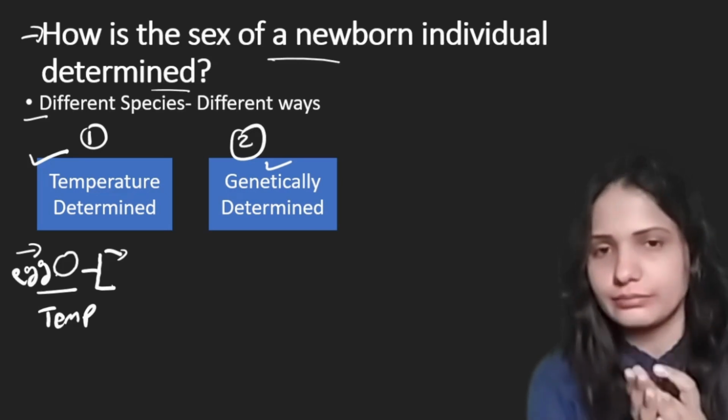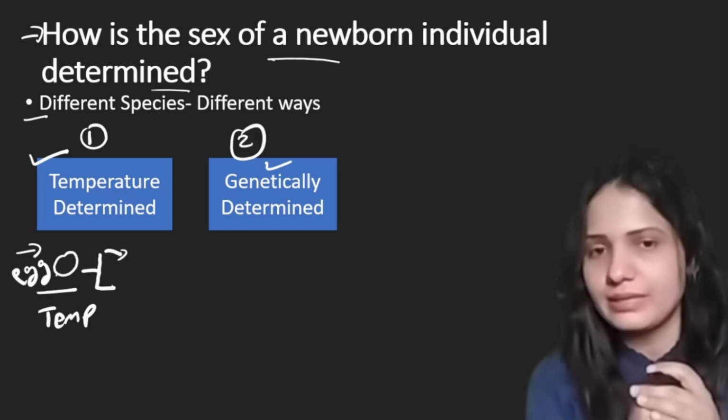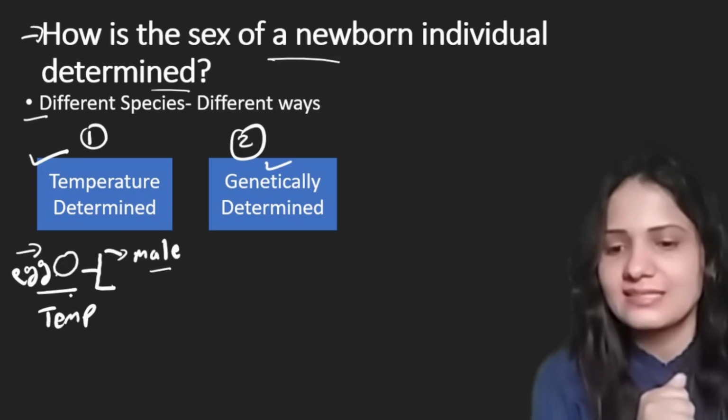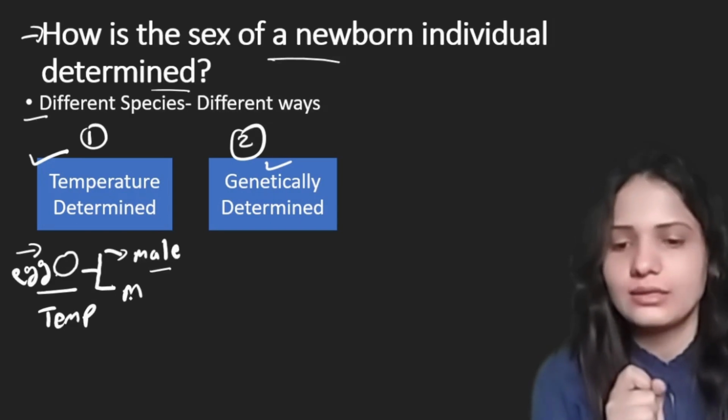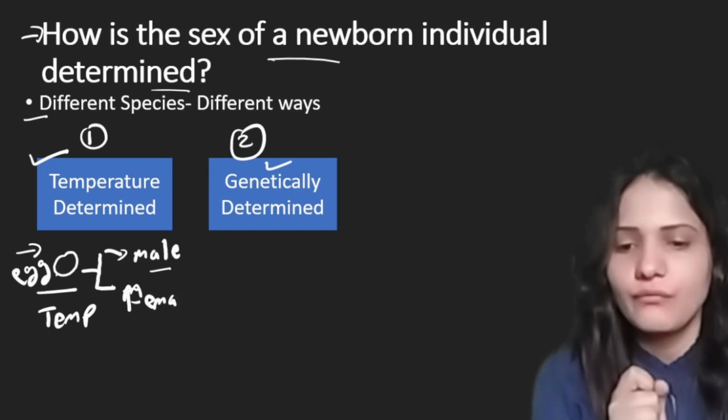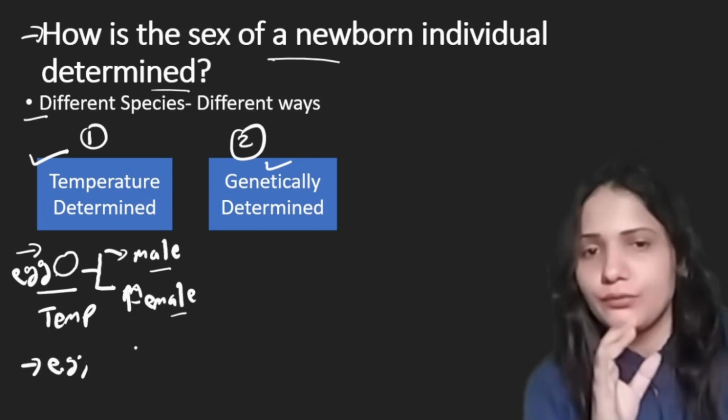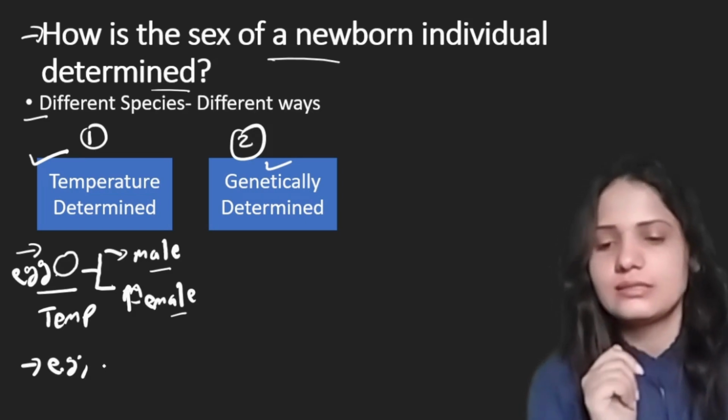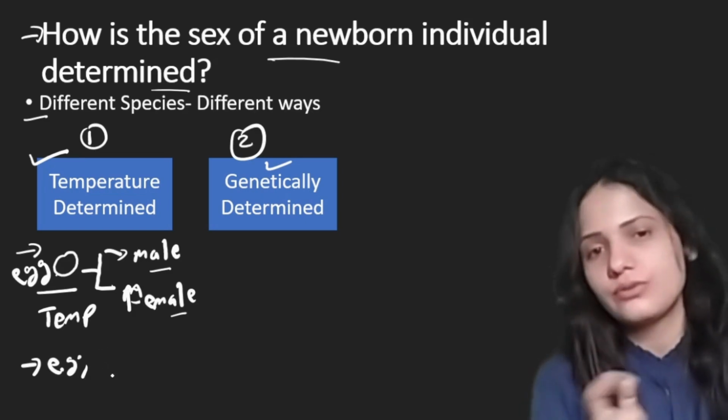Determination of sex in this particular animal is based on temperature. Examples: a few reptiles show this determination, which is based on temperature.